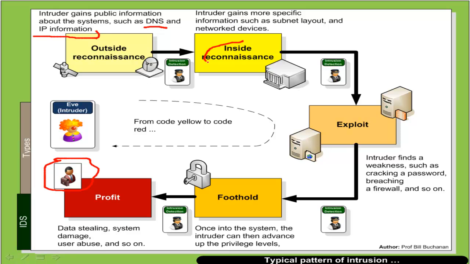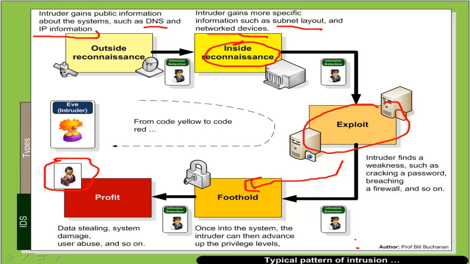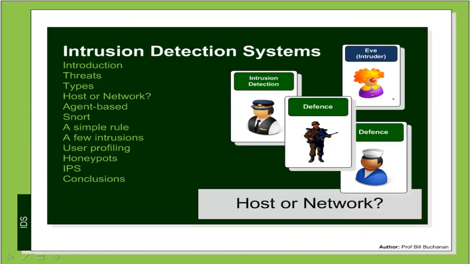They then might look at an inside reconnaissance, looking at the address layout and where network devices are, and then onto an exploit, which might be cracking a password, breaching a firewall, and so on, and then into a foothold stage where they might go up the levels of privilege until they get to an administrator level, and then possibly on to profit. As much as possible, the intrusion detection system should try to detect these things in an early stage so that it can be detected and hopefully overcome.